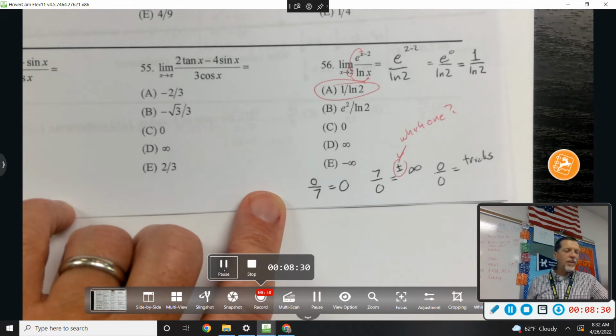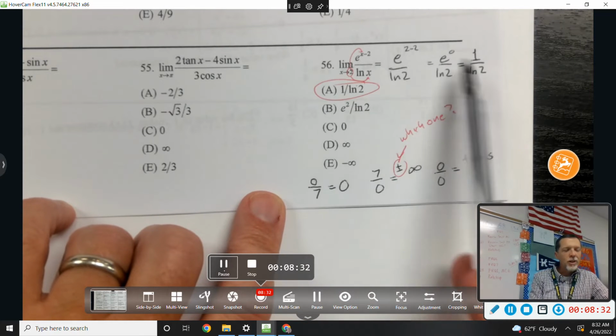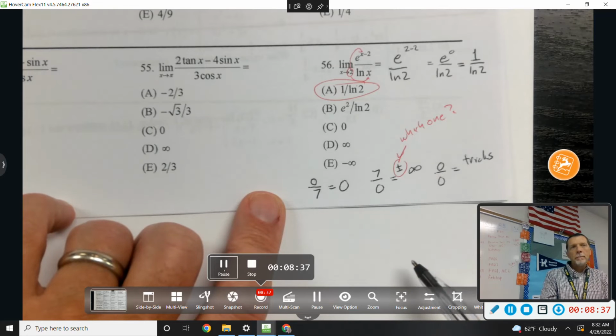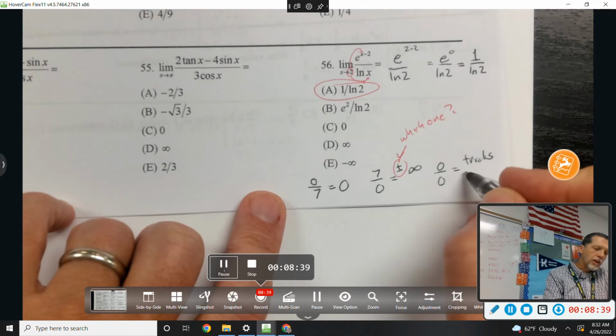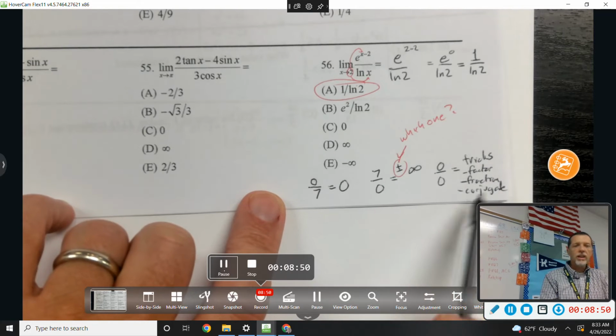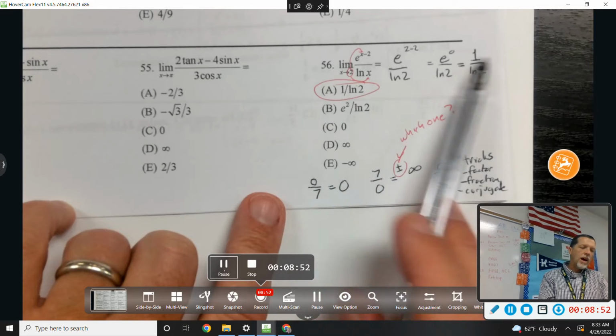So how would we get rid of the log? We don't have the algebra tricks to handle this. So if this one had been 0 over 0, we would have been stuck. There were 3 tricks: factoring, fractions, and conjugates. We don't have the tools yet, if that one had turned into 0 over 0.